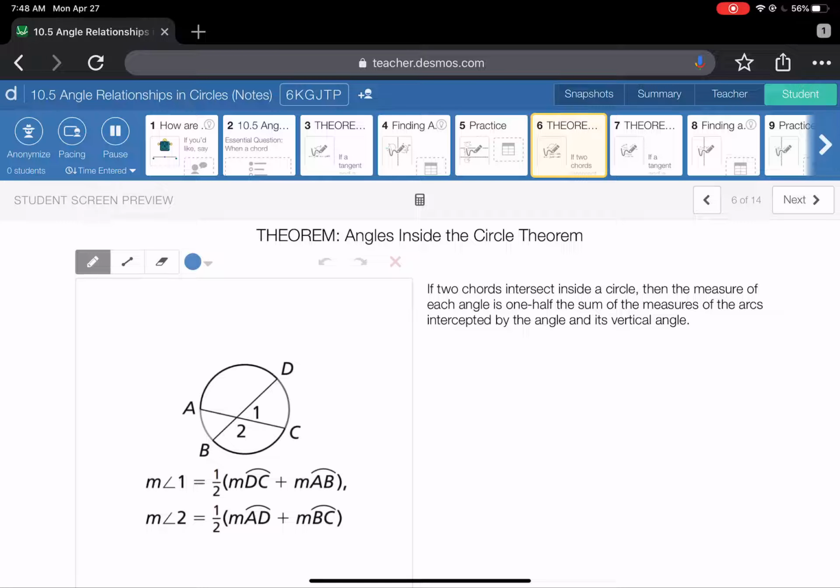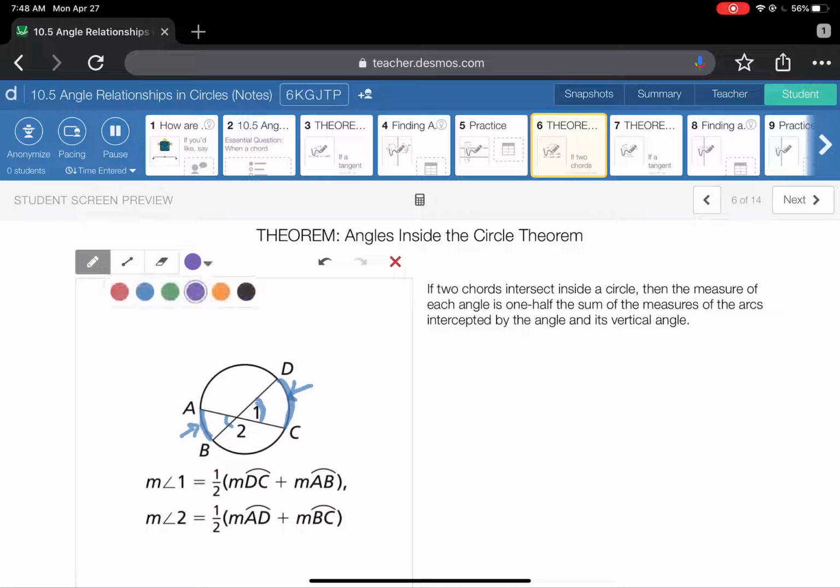So for example, to find the measure of angle 1, we add its arc and the arc of its vertical angle. So we want to add this measure plus this measure and then cut that in half.